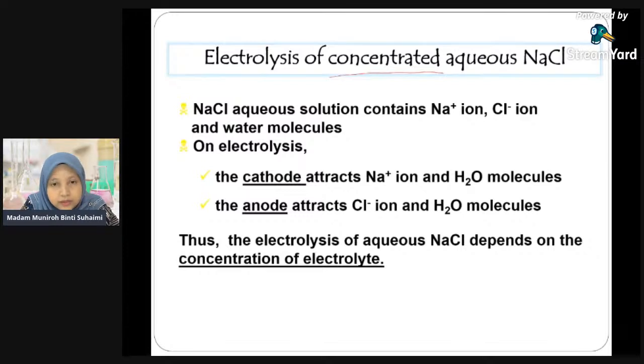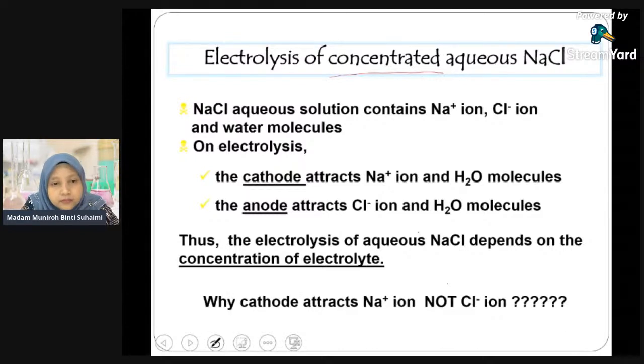Electrolysis of aqueous sodium chloride depends on the concentration of the electrolyte. Why does the cathode attract Na plus, not Cl minus ion? As we know, cation will move to the cathode and anion will move to the anode.